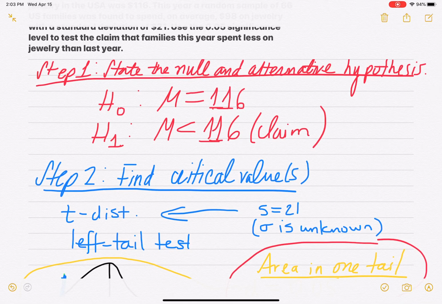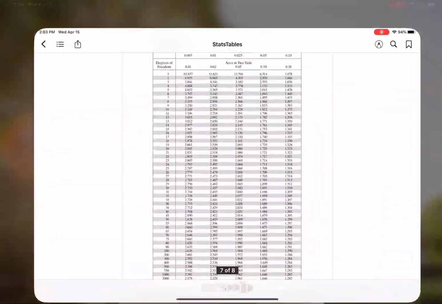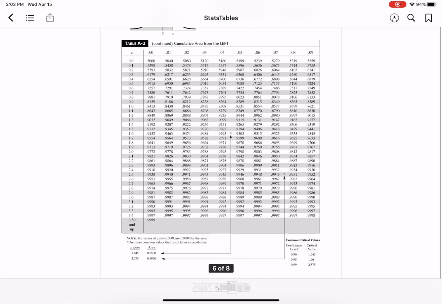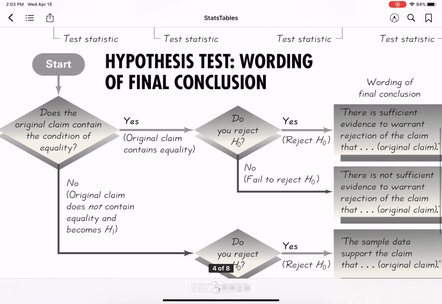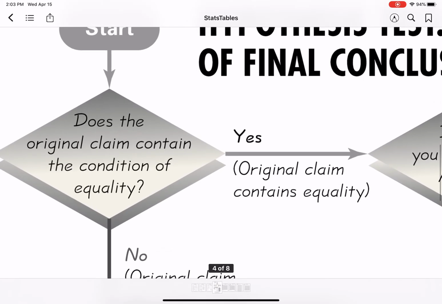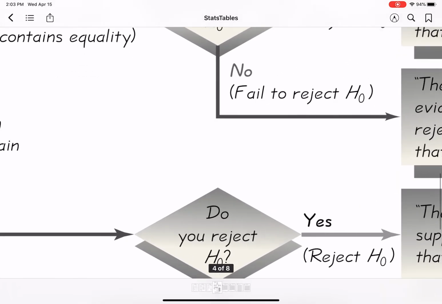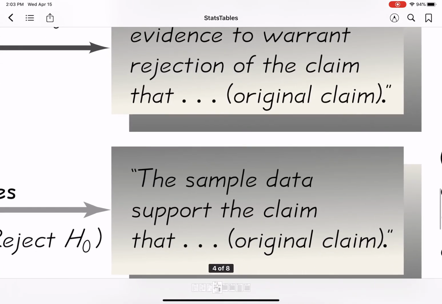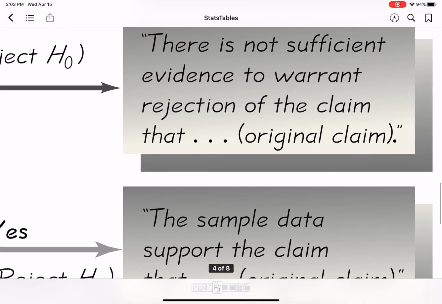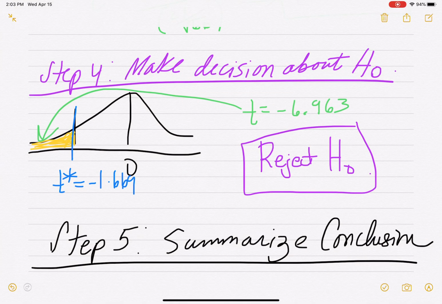So let's scroll to the page where we do wording, hypothesis test wording and final conclusion. Does the original claim contain equality? No, it does not. Did we reject the null hypothesis? Yes. So we're going to have: the sample data support the claim. That's the way we state our conclusion.